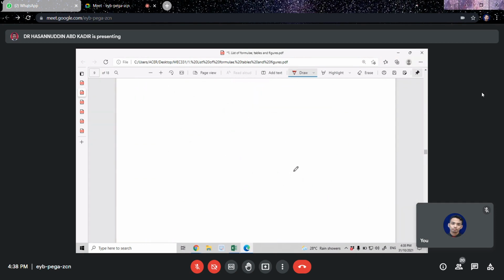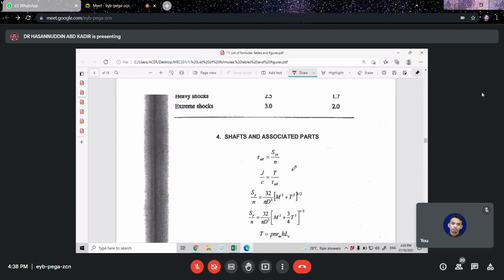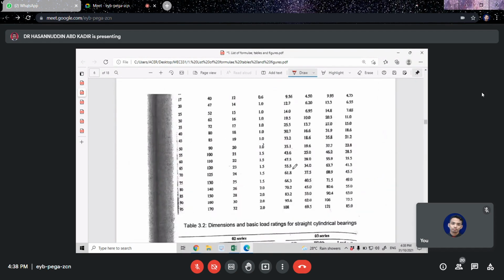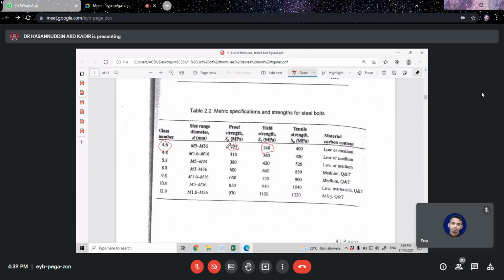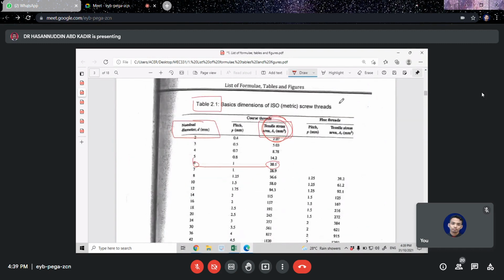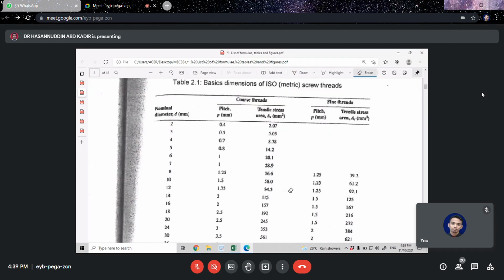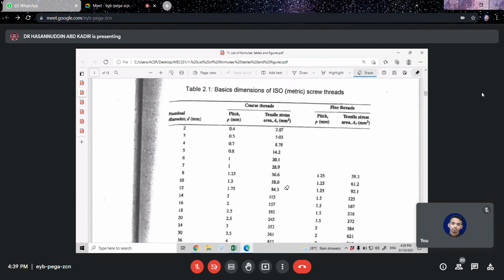You can find the value of 80 here on table 2.1. Refer to table 2.1. This one, 80, table 2.1.